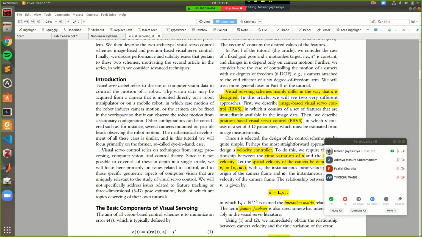You can see here the vision data may be acquired from a camera that is mounted directly on a robot, in which case motion of the robot induces camera motion in itself. Or the camera can be fixed in the workspace so that it can observe the robot motion from a stationary configuration, right? So visual surveying is the name of the problem that incorporates all of this stuff.